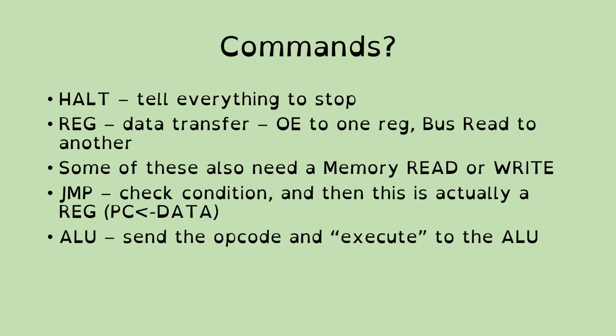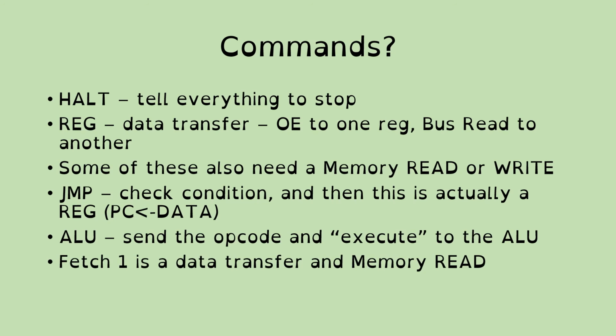And then ALU commands, we need to send the opcode and execute to the ALU. Actually, what we are going to do is hardwire the opcode from the op register into the ALU, but it will only actually act on that opcode if it gets the execute command. And then fetch one and fetch two. Fetch one is a data transfer and a memory read.